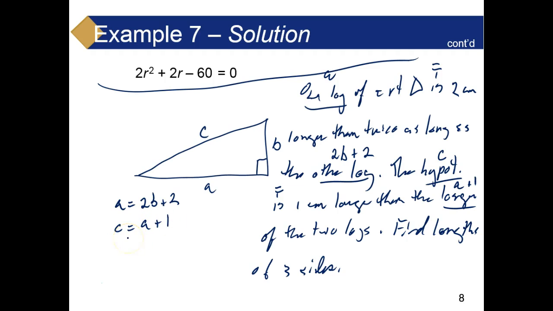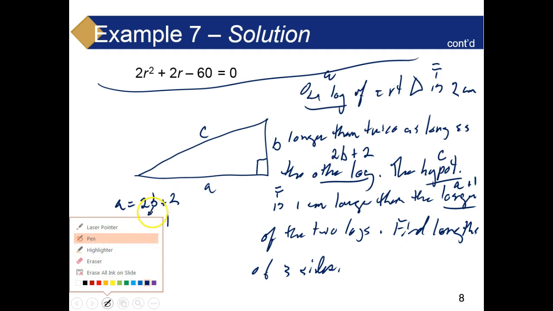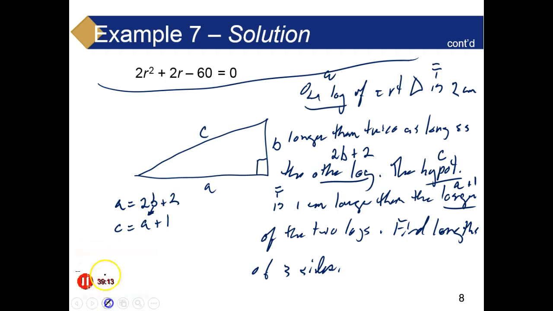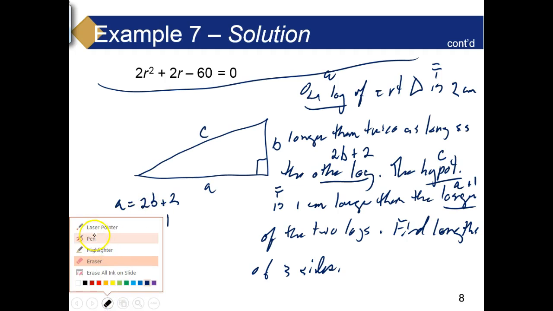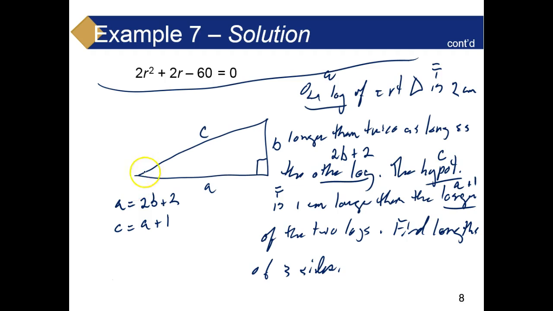Now, what I suggest is taking this and plugging it in for A. Actually, not, let's not do that. Don't take that away. And basically, this sounds stupid, but B is equal to B. Is that all right?